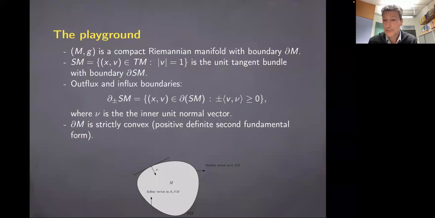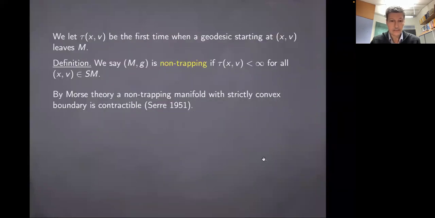If nu is the inner normal, I just want vectors pointing inside, so they have inner product with nu greater than or equal to 0. And if you're pointing outside, you have inner product with nu less than or equal to 0. To make my life easier, I'm going to assume that the boundary is strictly convex, which just means positive definite second fundamental form. For some of the things, this is not really needed, but it makes your life quite a little bit easier. Okay, so that's essentially the picture that I want you to have in mind.